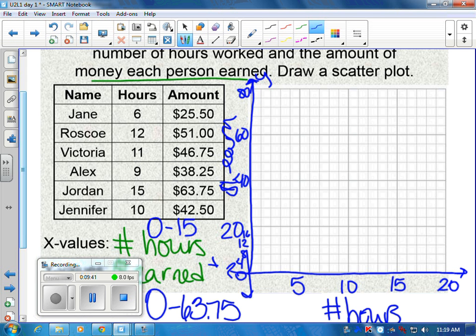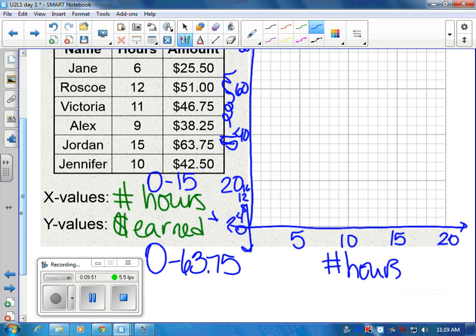So now we've labeled both of our axes, the x and the y. We have picked a scale that matches our data, and now I have to plot my points. What is one ordered pair that I should plot on this graph? Will, what's an ordered pair that I should plot?